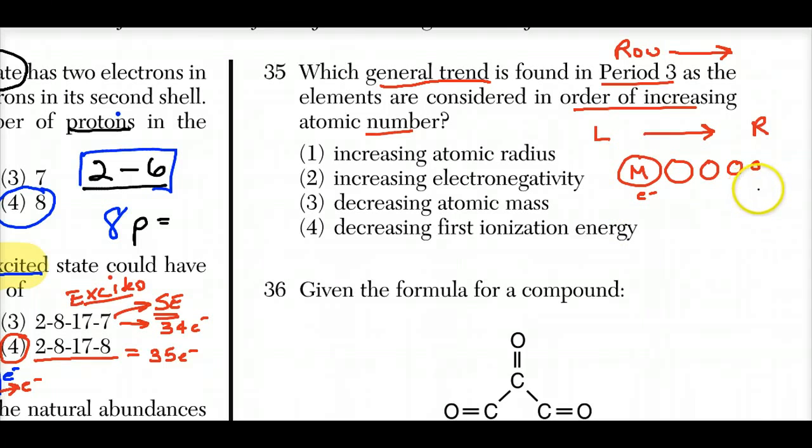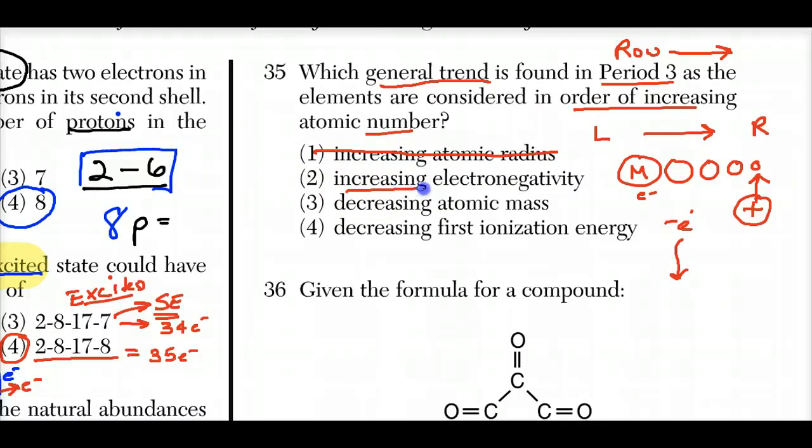As you go across, the nuclear charge, the charge in the nucleus, gets more positive. There are more protons inside the nucleus of atoms off to the right, so they pull in those electrons tighter, so their radius is smaller. Nonmetals are toward the right, so increasing atomic radius makes no sense.